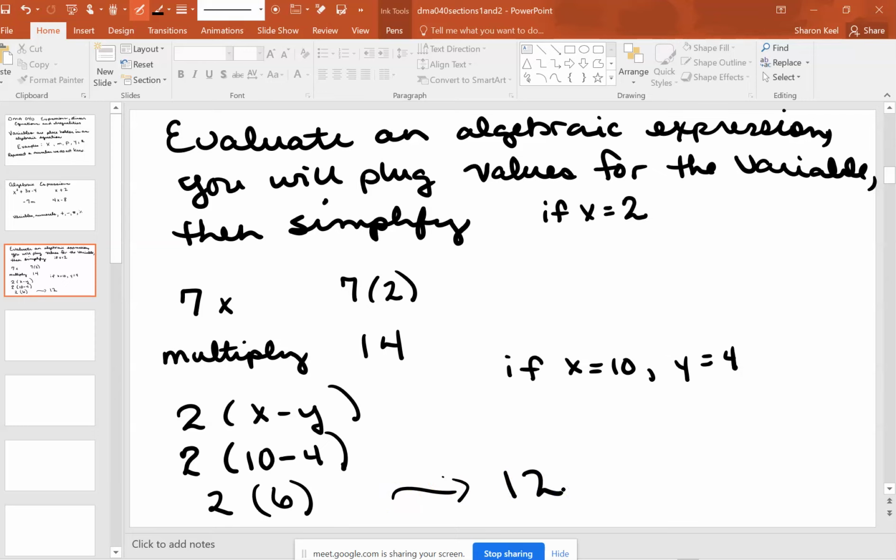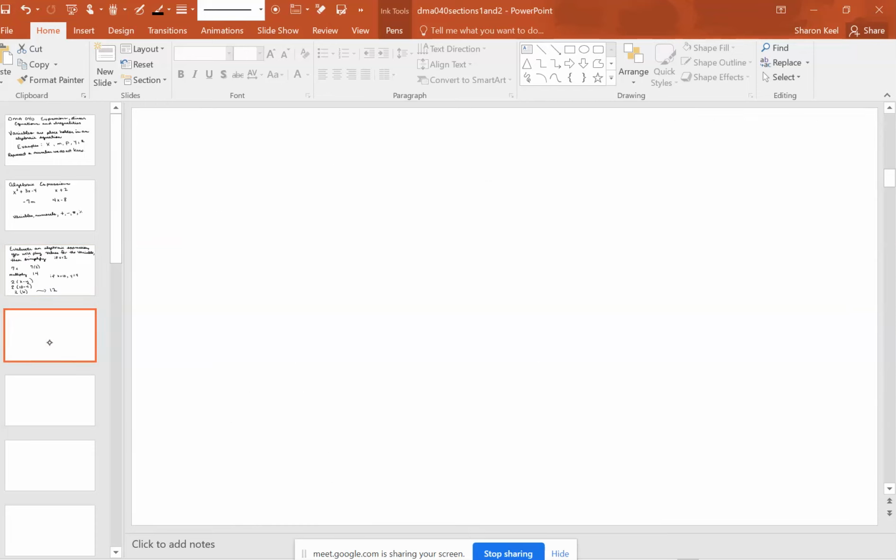So when you evaluate an expression, you're going to plug in the value they give you to represent that letter. Now, sometimes when you evaluate an expression, the value might be a negative.